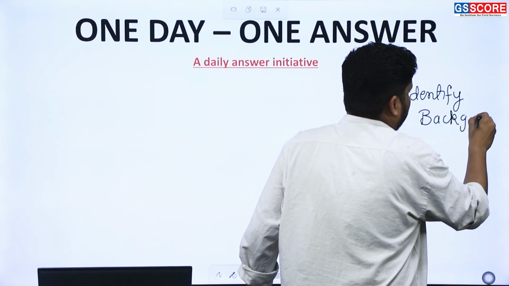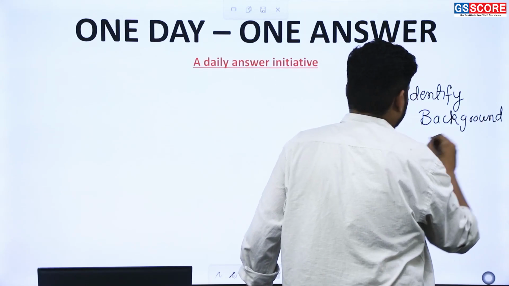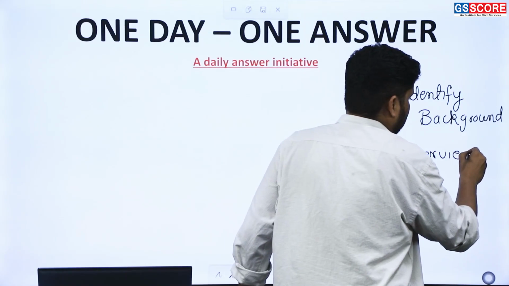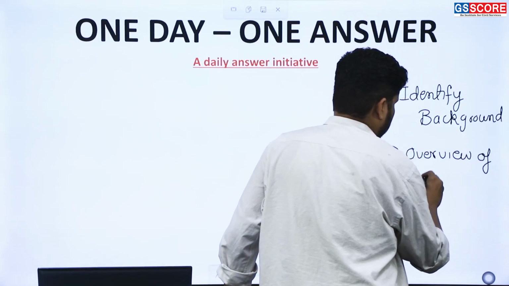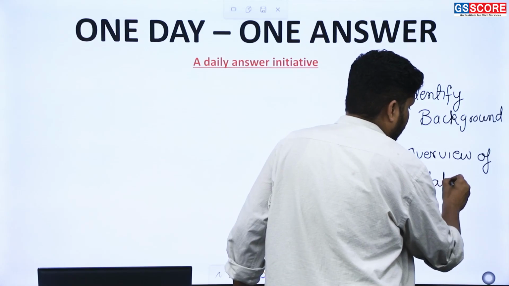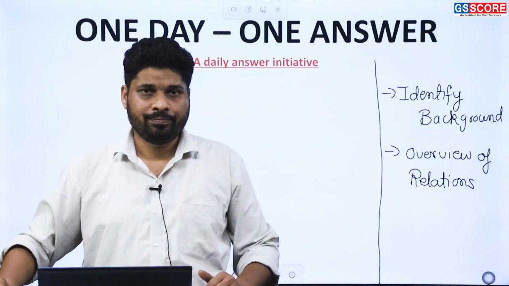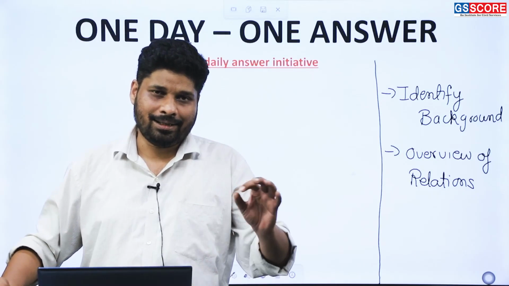And based on that background, provide an overview in the introduction of relations between India and that particular country. That basically has to be done.